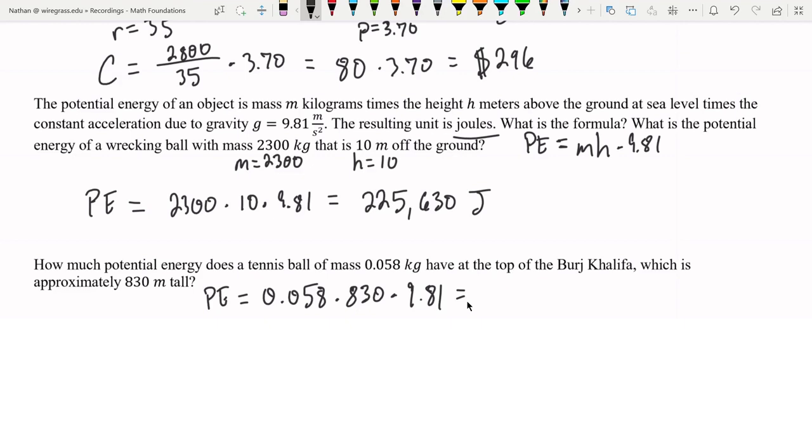Okay, 0.058 times 830 times 9.81. We get 472.25 joules. Still a whole lot less than a wrecking ball. It's only 10 meters off the ground, even though the height is so much farther. It's like 83 times as far off the ground.